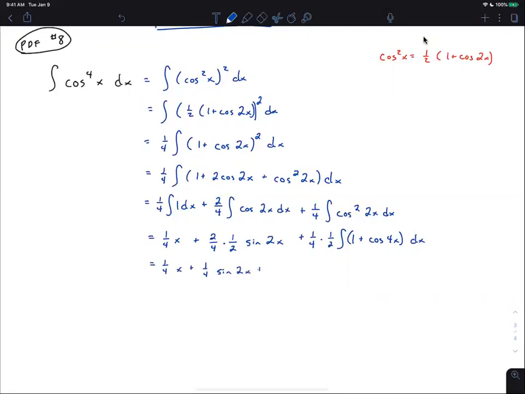And now that's 1/8, but we're going to split that integral into 2 integrals. The 1/8 goes on both of them. Questions on that? That's good.